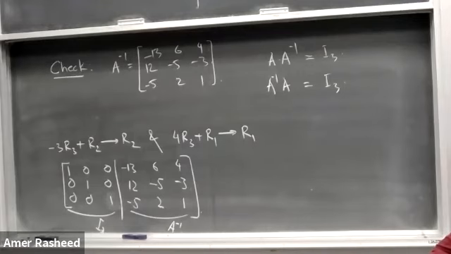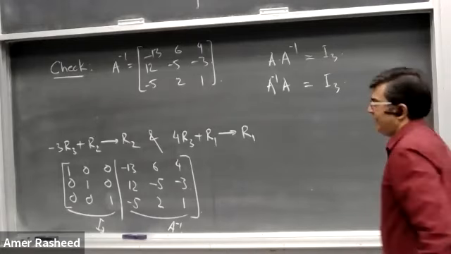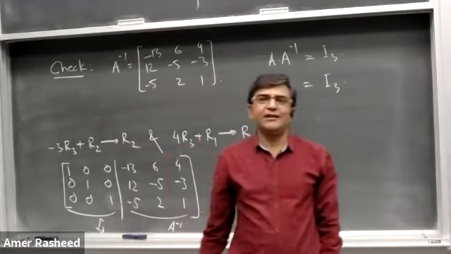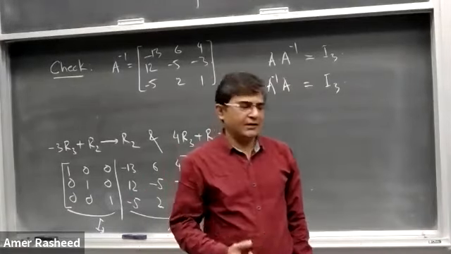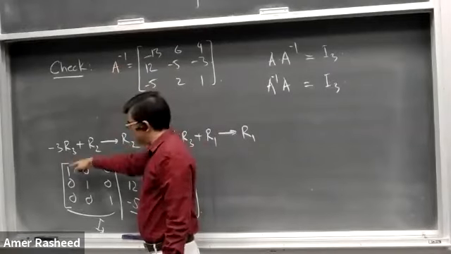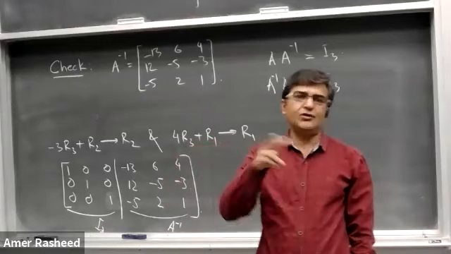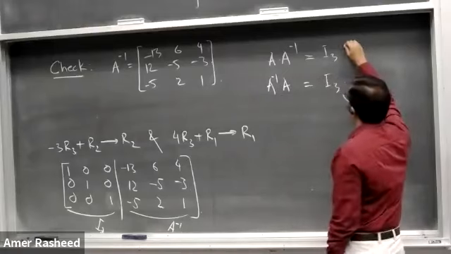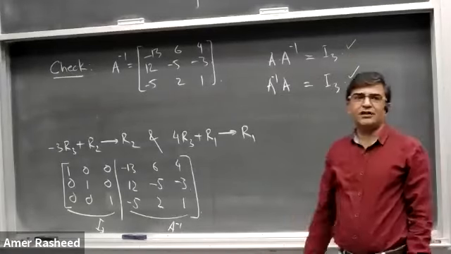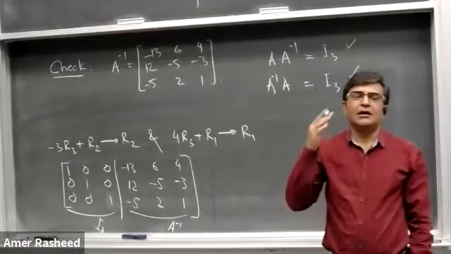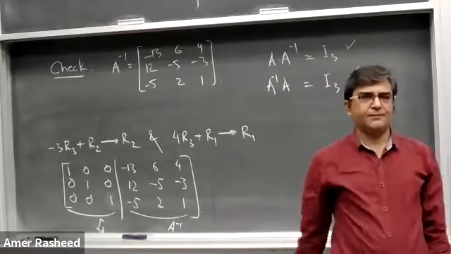There is a question in the chat window. It's a good question. Sir, is it possible that AB is equal to I, but BA is not equal to I? If so, what is this case called? It is called nothing. In that case, you just say the inverse of A does not exist. But if the given matrix has been converted into the identity matrix, then these two products, A into B and B into A, must be equal to the identity matrix of order 3, because in that case the inverse of the matrix must exist.